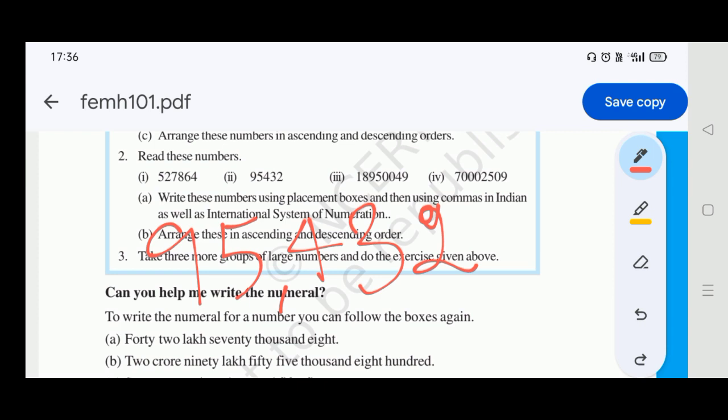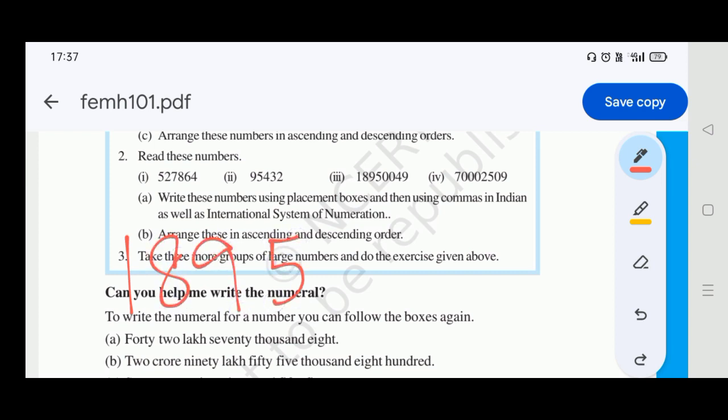Moving on to the third number, 18950049. According to the Indian system of numeration, this is thousand, this is lakh, and this is crore.